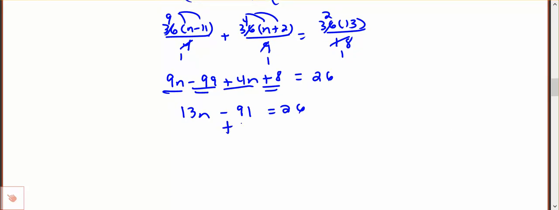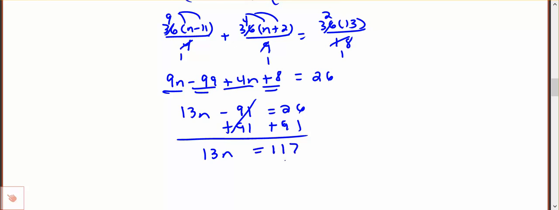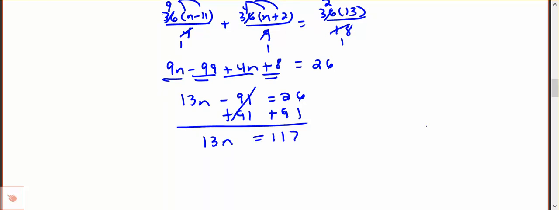Add 91 to each side. Now we get 13 times n equals 117. Divide by 13. And we get n equals 9.